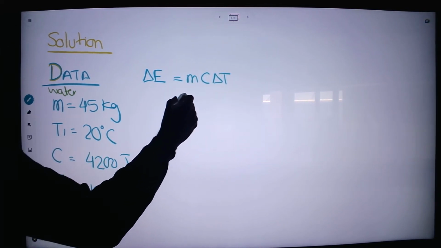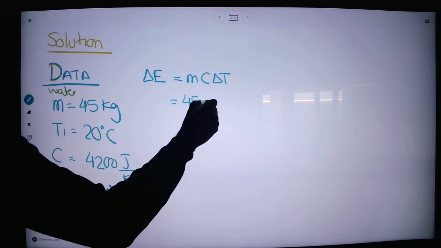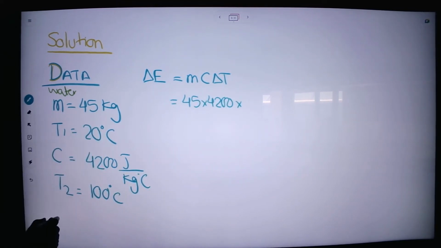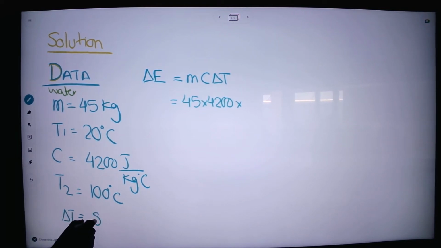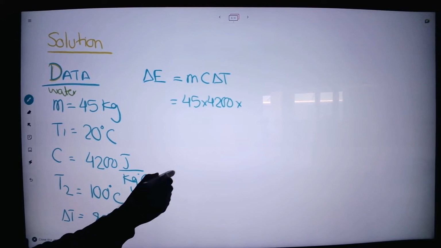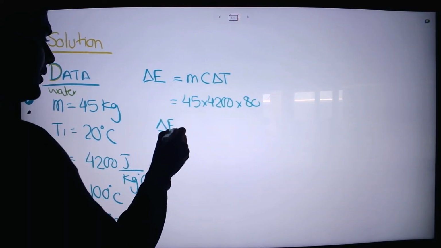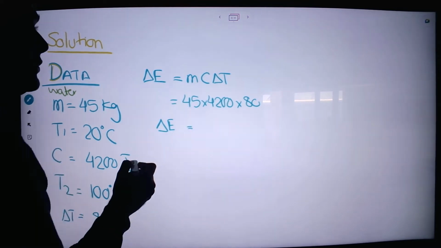Instead of m, 45 kilograms, instead of c, 4,200, and the change in temperature ΔT here is 100 minus 20, which is just 80 degrees centigrade.